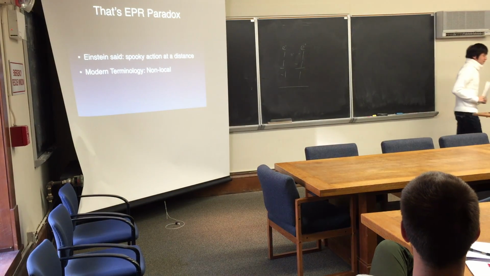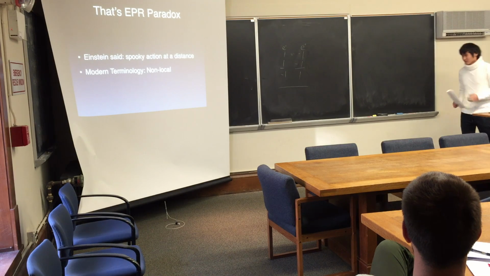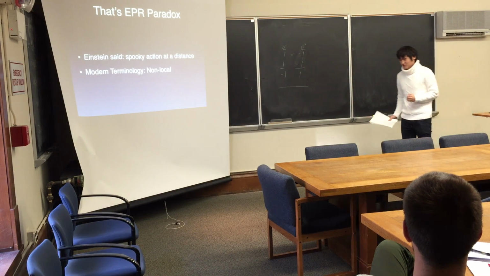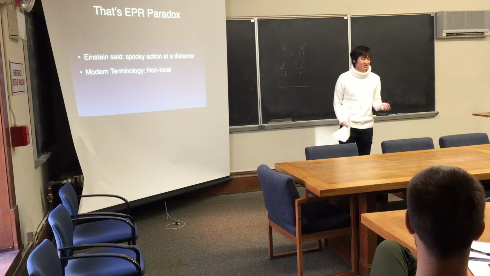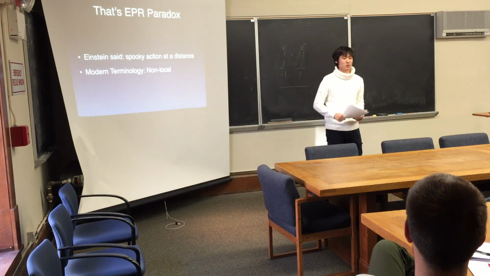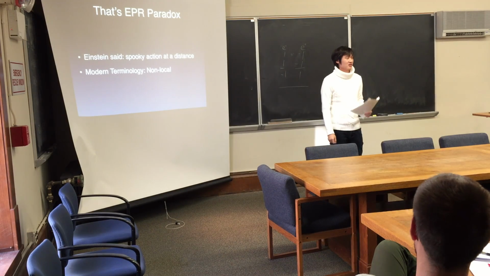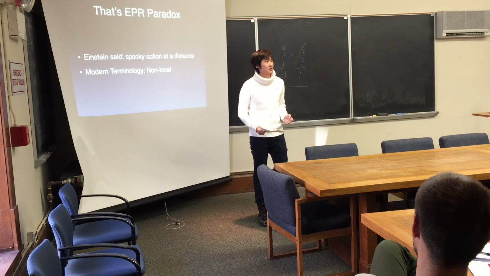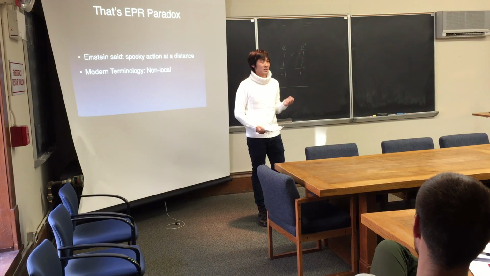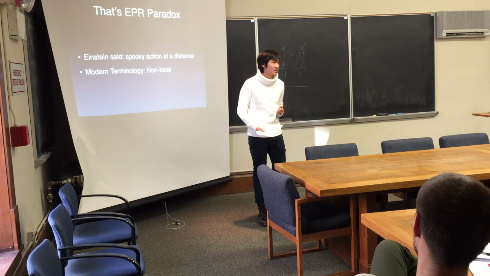Okay, so the point Einstein really wanted to make is not that he wanted to throw away quantum mechanics. What he really wanted to say is that quantum mechanics is incomplete.